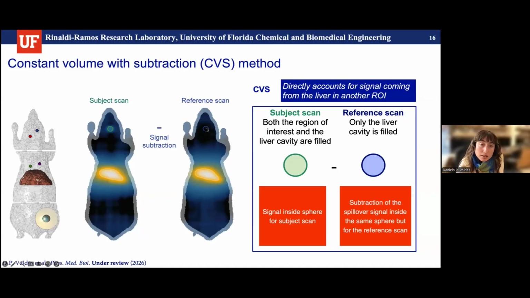This means that if in this sphere we have signal coming from the background or the spillover from the liver, we're going to subtract that contribution from the subject scan.